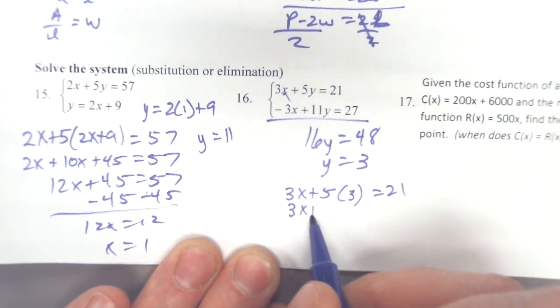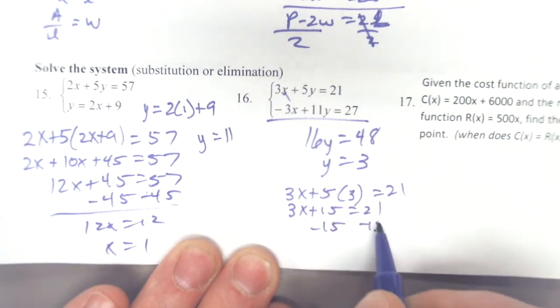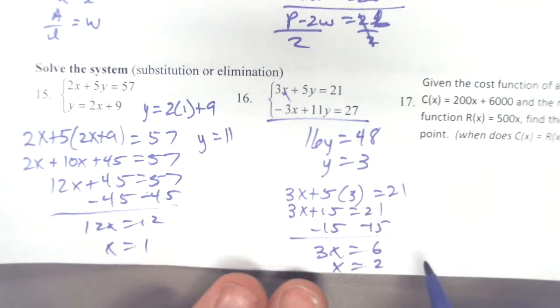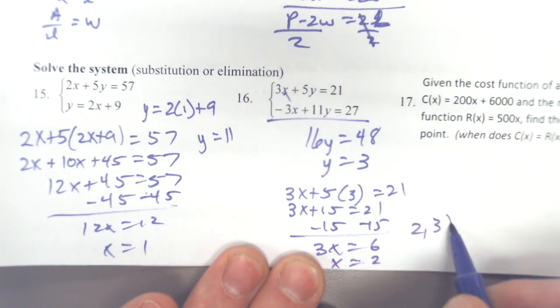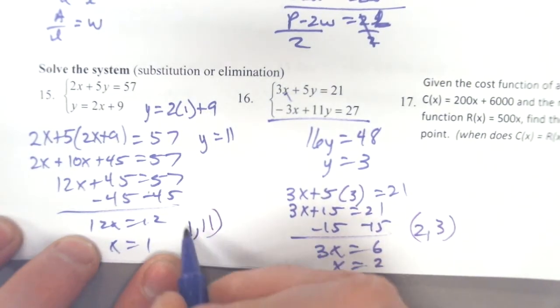Simplifying, 3x plus 15 equals 21, minus 15 minus 15, I get 3x equals 6, so the x must be 2. So the point I get here is 2, 3. Over here, my point would be 1, 11.